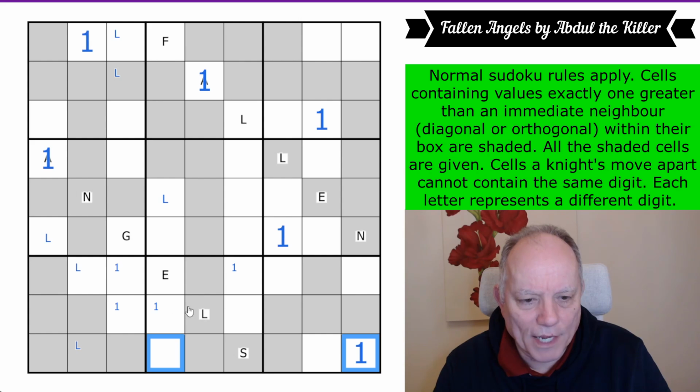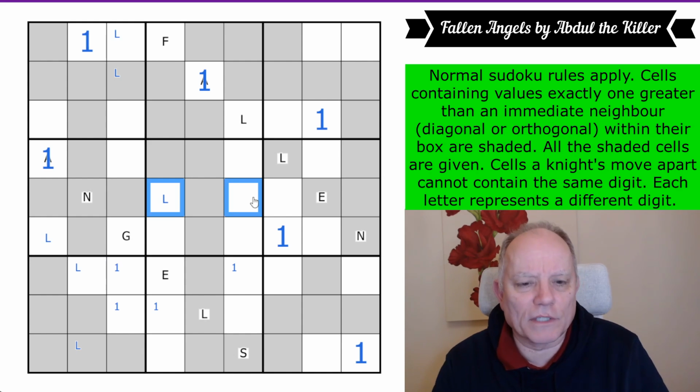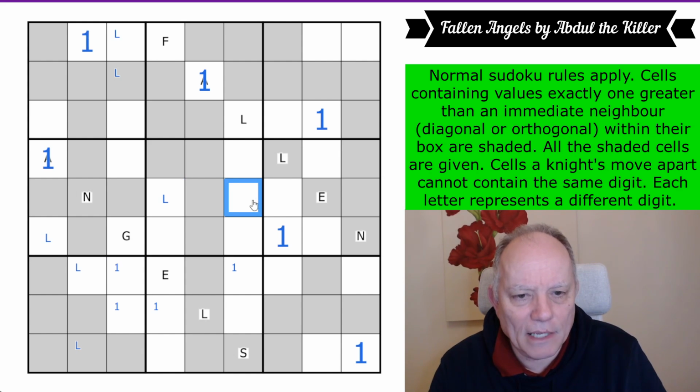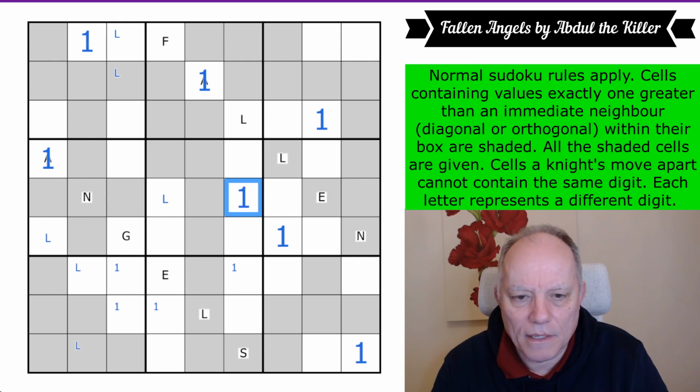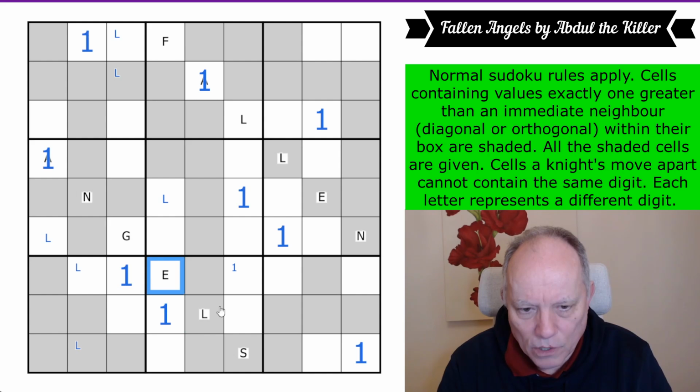It's got to be in a white cell. Those two both see that. That doesn't help. And 1 in the central box is in one of those two, but it's not in L because L is a different digit from A. So 1 is there, 1 is there, 1 is there, 1 is there. We've got all the 1s done.